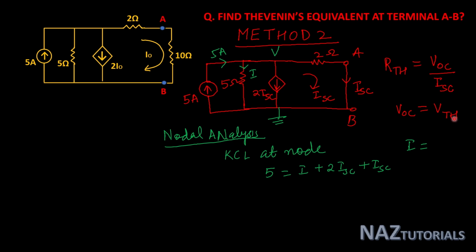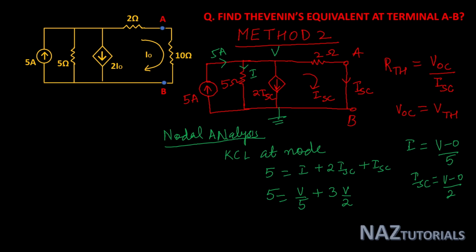So the value of I is V minus 0 divided by 5, and the value of the short circuit current ISC is V minus 0 divided by 2 ohm. So this is our values, V minus 0 divided by 2. Put all these values. 5 is equal to I, that is V by 5, plus you can say 3 ISC, so 3 into V by 2.